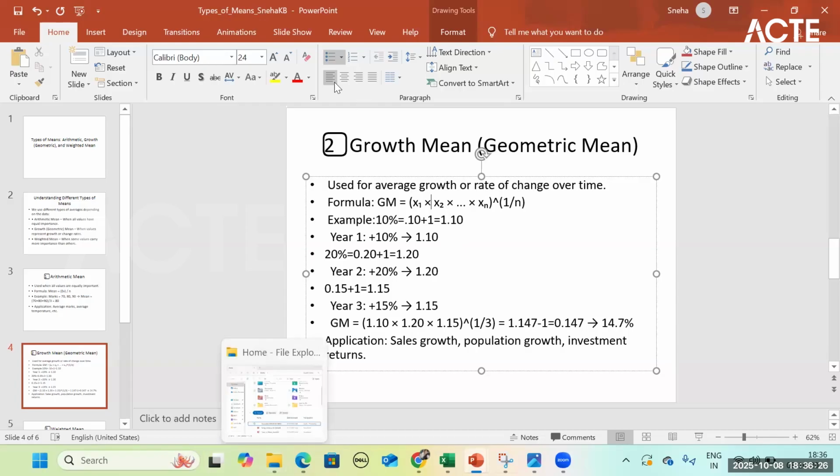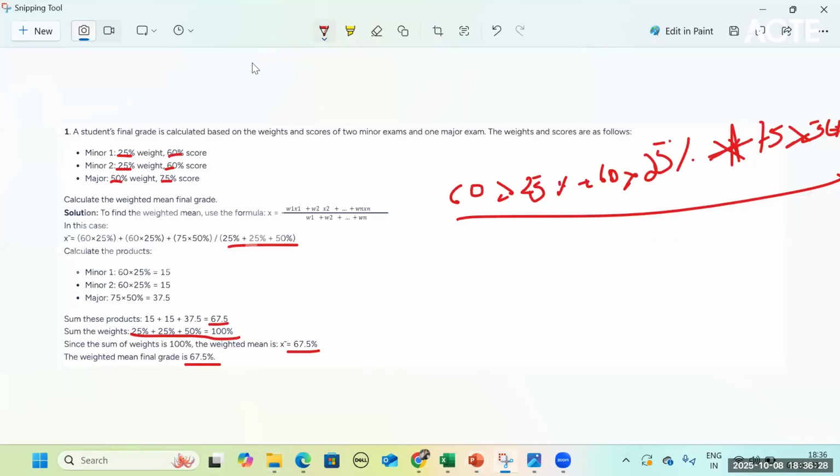So if I say, for example, I have a company which has 10% increment. This is only profit I'm taking. 10% profit, then 20% profit, then 30% profit in year 1, year 2 and year 3.